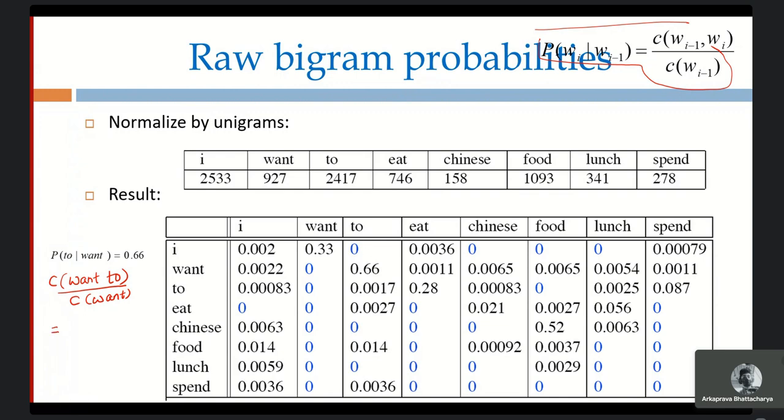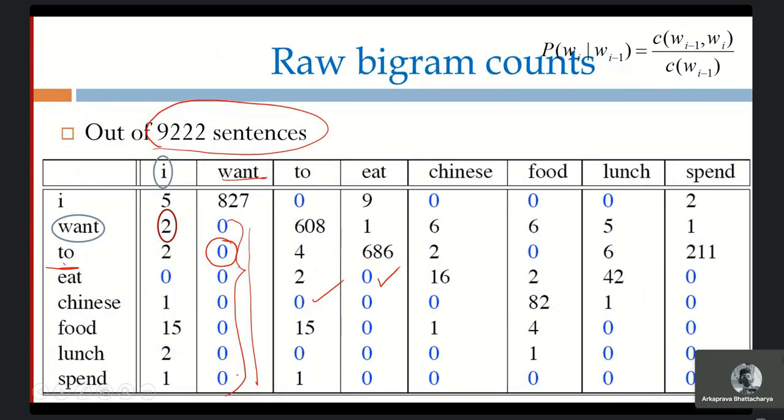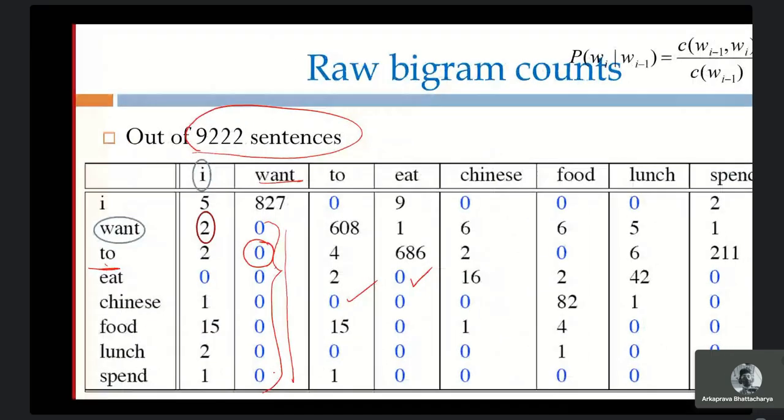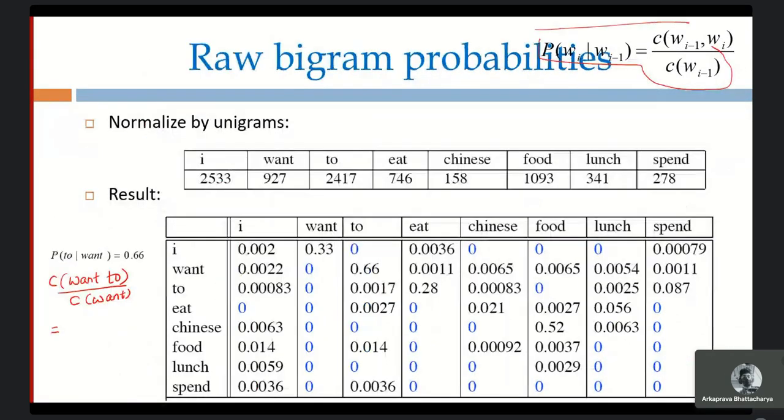So what was the count of want two here? Want two is 608, divided by how many times want has been seen, 927 times. So this gives me a probability of 0.66.